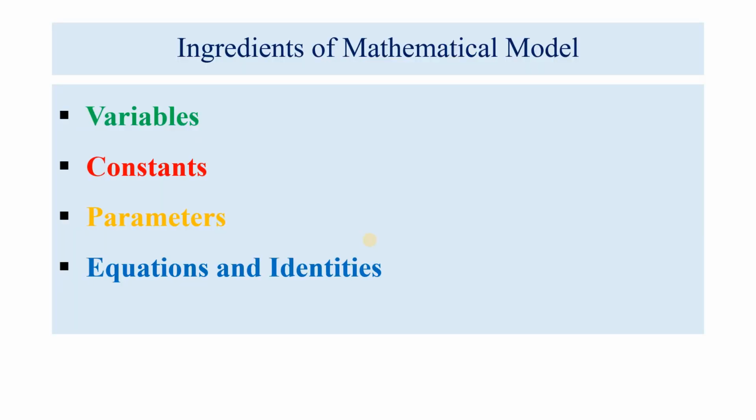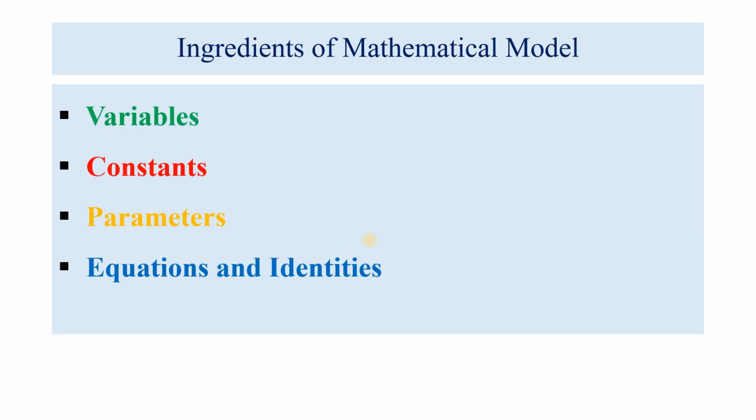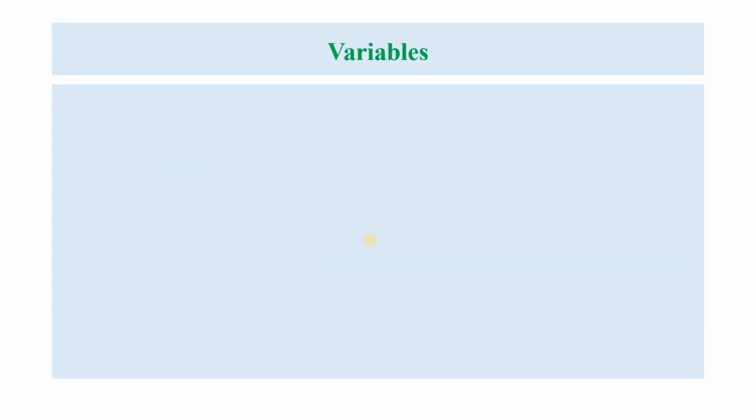Then I am going to talk about the ingredients of mathematical model. First one is variables, then constants, parameters, and finally equations and identities. So what does it mean, variable?